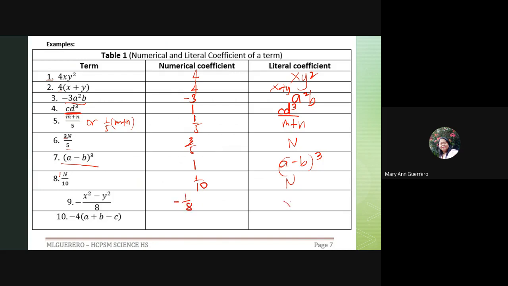So numerical is negative 4. Literal is quantity a plus b minus a. So tandaan nyo lang, numerical times literal, the result is the term. And again, the literal coefficients kasama yung exponent ng ating mga variable.